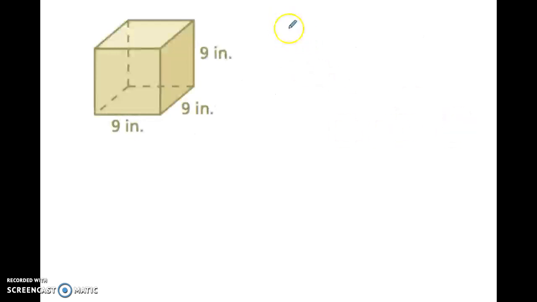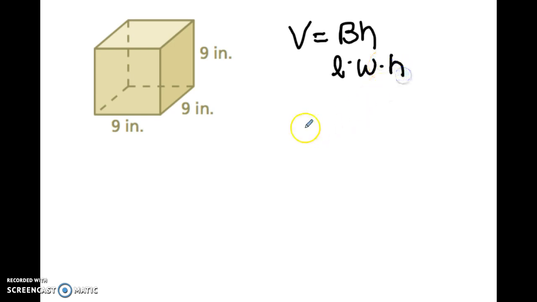All right, we're finding volume of a cube here. So the first thing we have to do is look at the base so we can find the base area. All right, so here the base is a square. We know that area of a square is length times width. So our base area for a cube is length times width, and then we have to multiply by height.